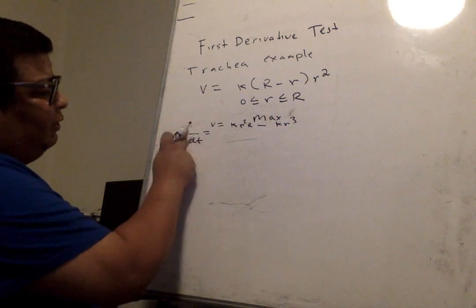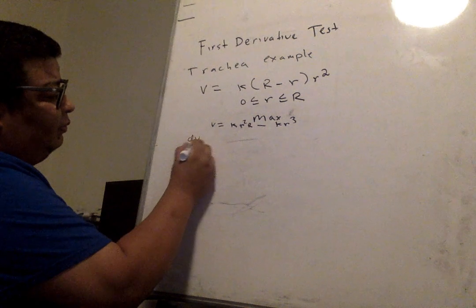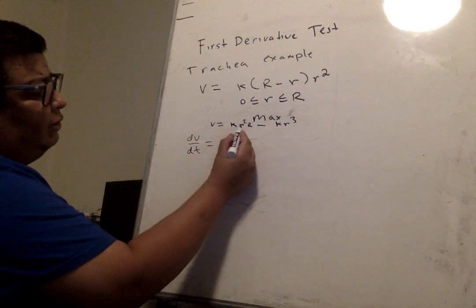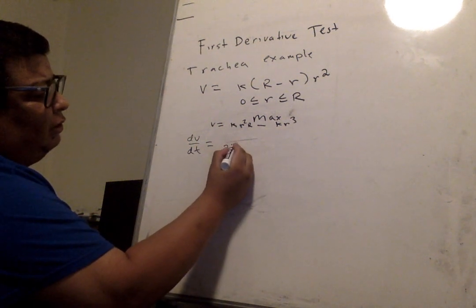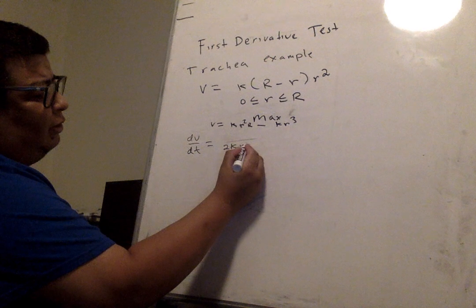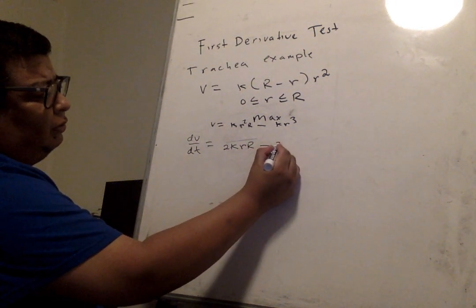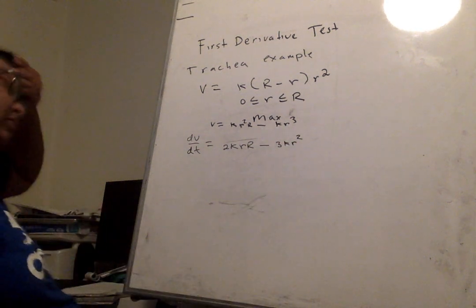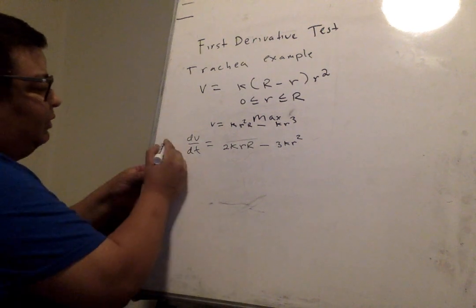Okay, so dv/dt is going to equal, we take the derivative of the first term and the second term, so we're going to do 2k r minus 3k r squared. This is the first step.